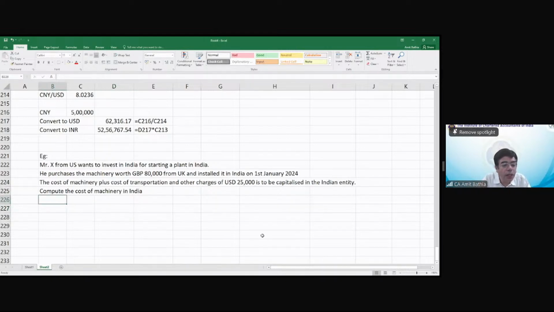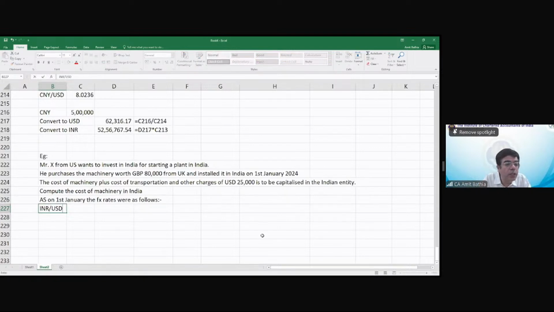I need the conversion rates. So I am told as on 1st January, the FX rates were as follows. Obviously, here we are assuming everything is purchased and bought and everything happening on 1st of January.